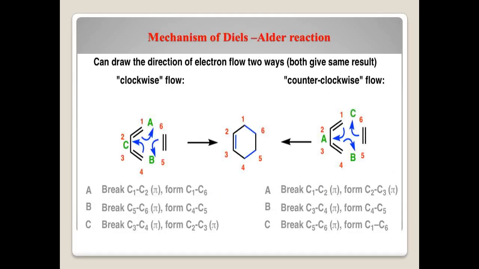The mechanism of the Diels-Alder reaction. The electrons flow in two directions.